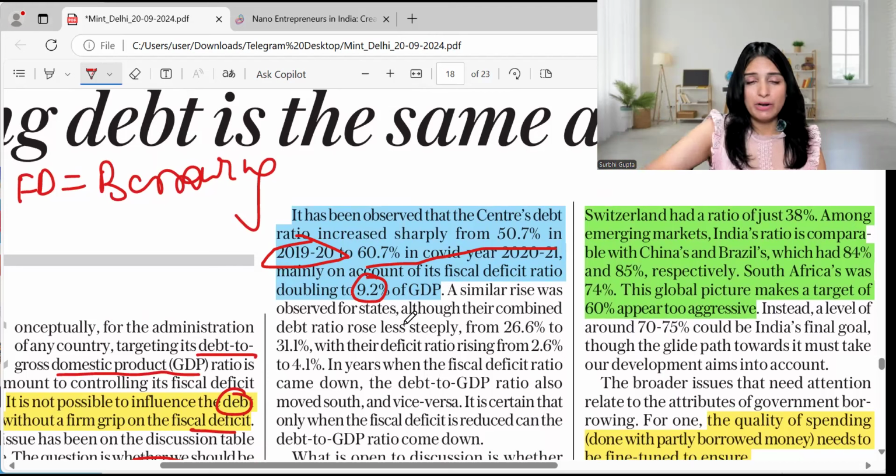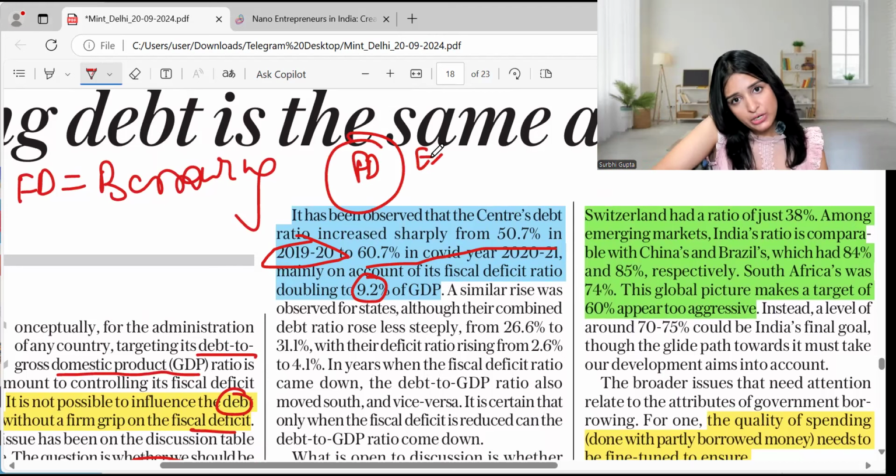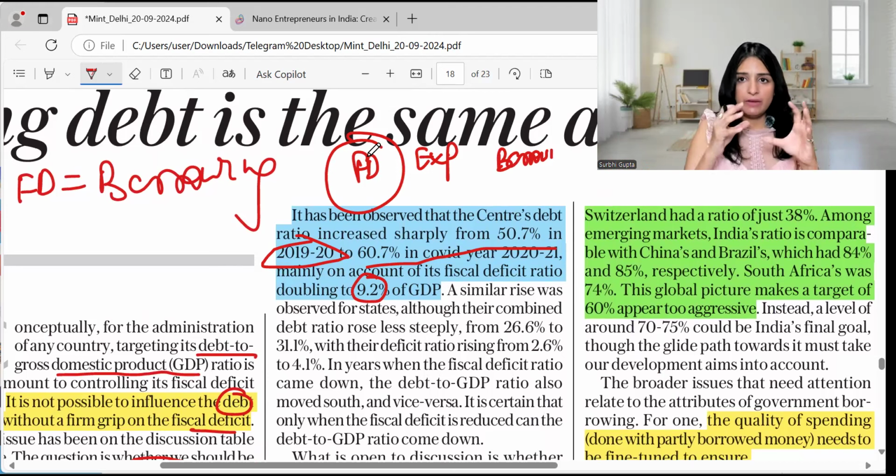Are you understanding what I'm trying to convey? I am trying to say that fiscal deficit, the excess of expenditure of government, is financed through borrowing, because in the fiscal deficit formula we have included all the receipts. Government's receipts, my income: I have revenue receipts, I have capital receipts.